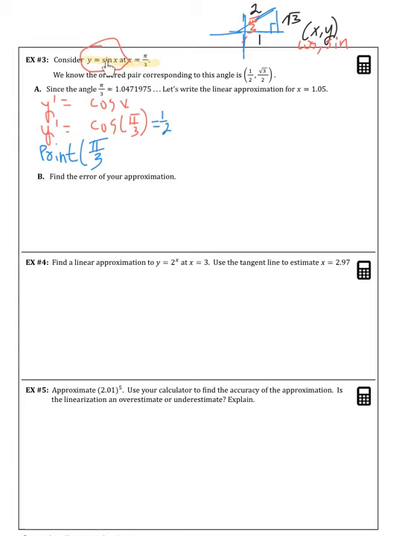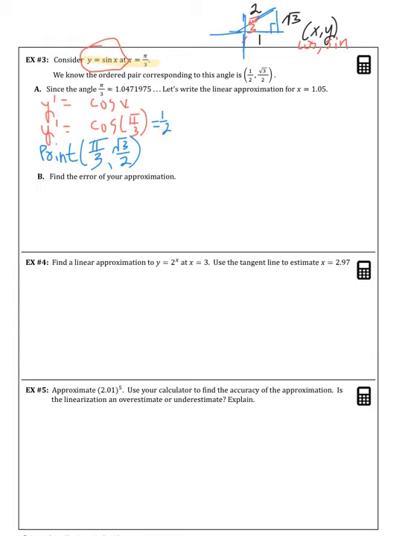So y equals the sine of pi over 3. Remember, the sine is your y value, and so that equals radical 3 over 2. So when x is pi over 3, the sine of pi over 3 is radical 3 over 2. So that becomes the y value of our ordered pair. Our ordered pair comes from the original function, and then we take the derivative of that function and we get the slope of the tangent line.